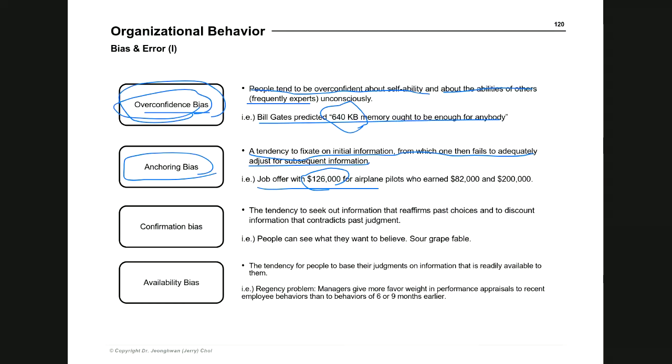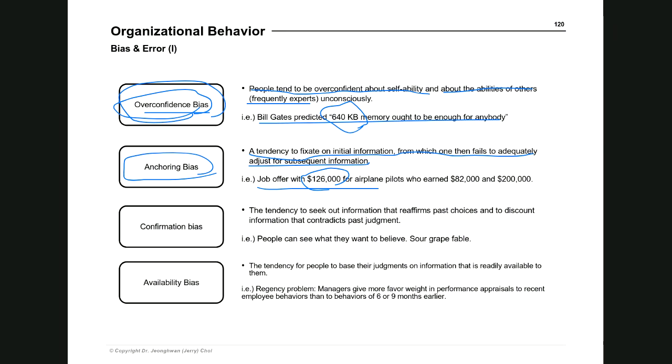Why? Because our emotions, our thinking, our brain is anchored by $200,000. We are anchored by this number. Is it rational to refuse a $126,000 per year job?